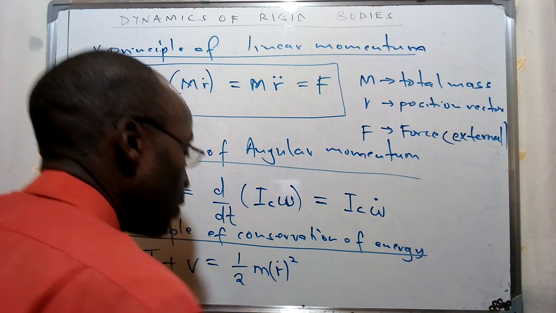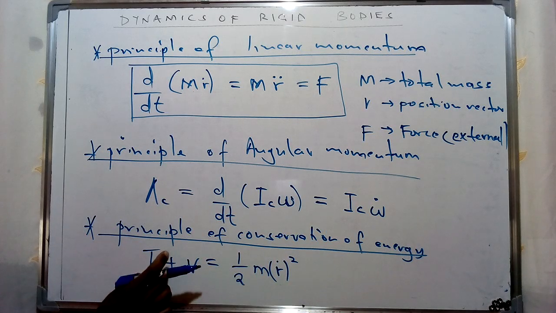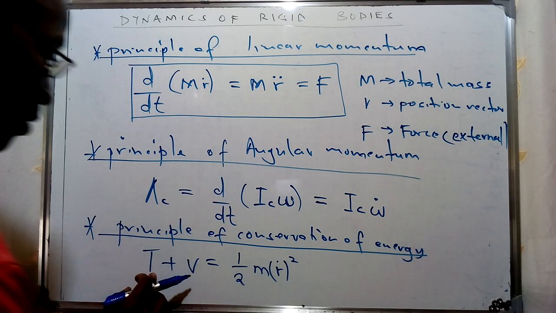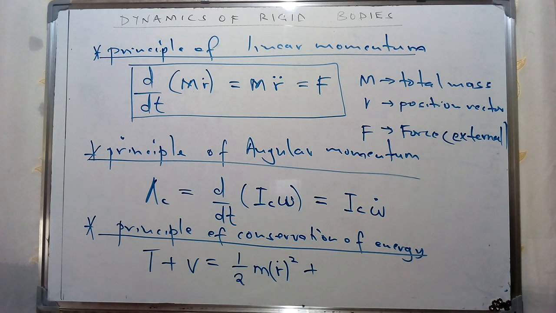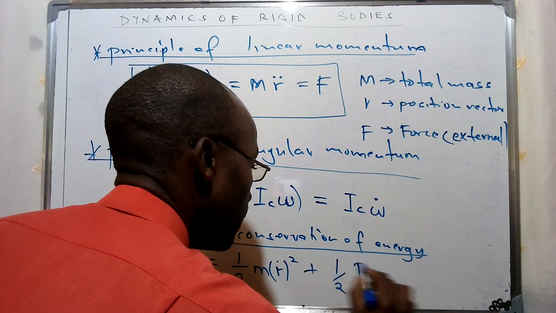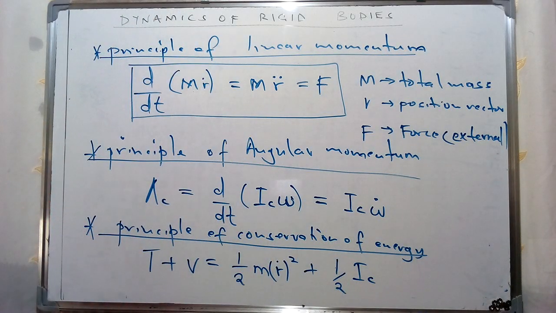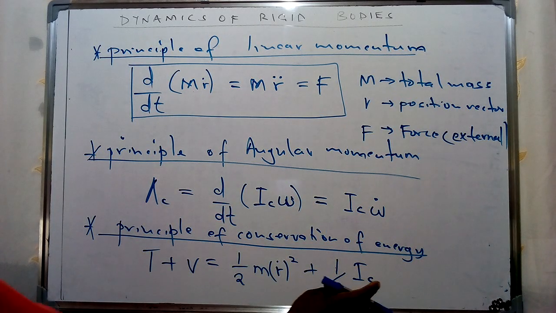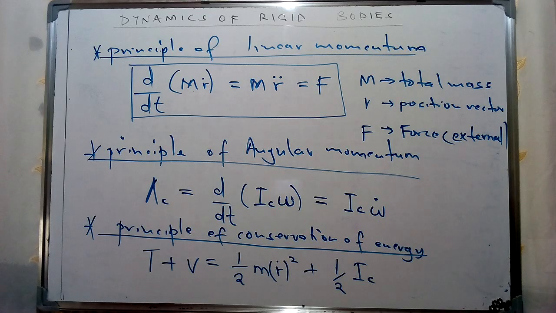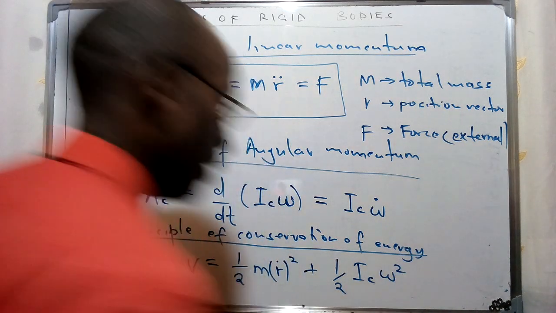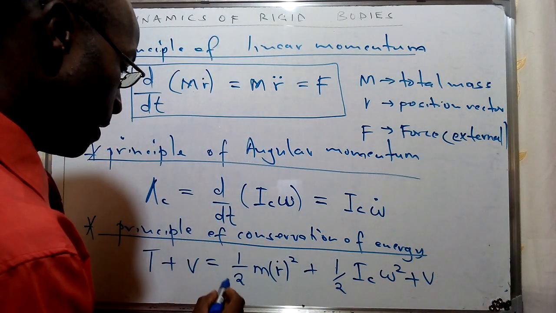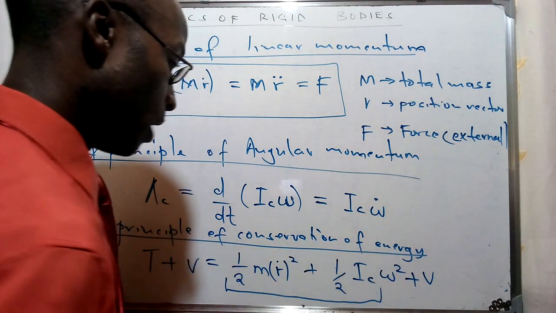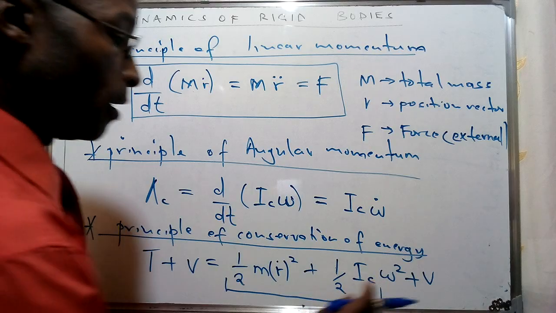Now, from our previous discussion, we have said that the kinetic energy can be given in terms of half v squared, and therefore this is going to be representing our T in this case, and then we shall have this specific aspect given in terms of a half, and this we mentioned was basically the moment of inertia for a rigid body about the center of mass given as I subscript c, multiplied by the square of omega, and then we shall have plus V. So in this case, the first and the second aspect are going to be the translational and rotational aspect of kinetic energy, which we are going to derive in our subsequent videos.